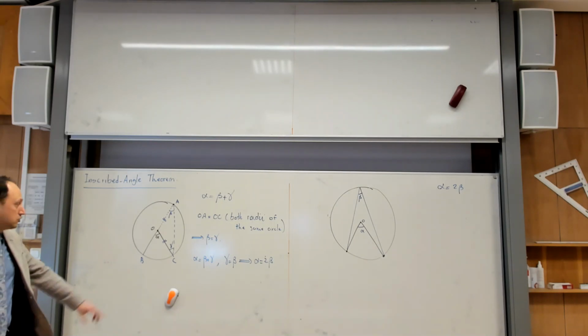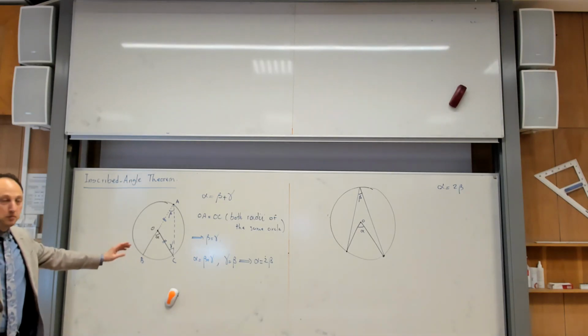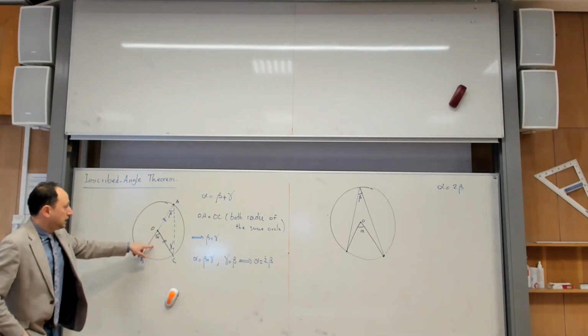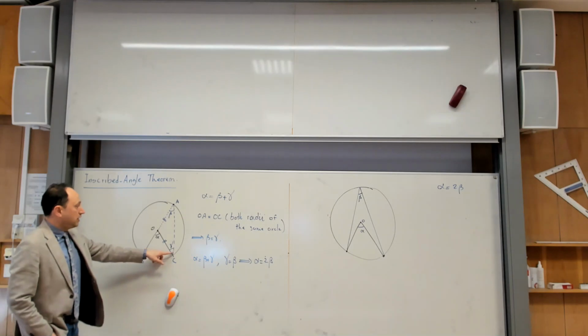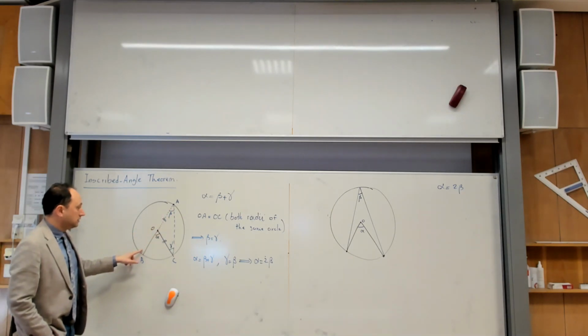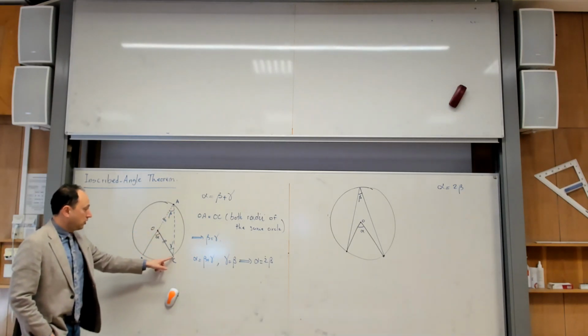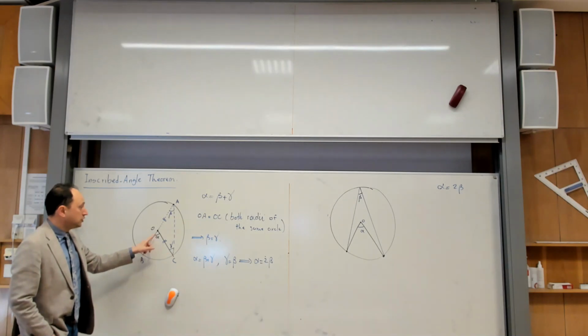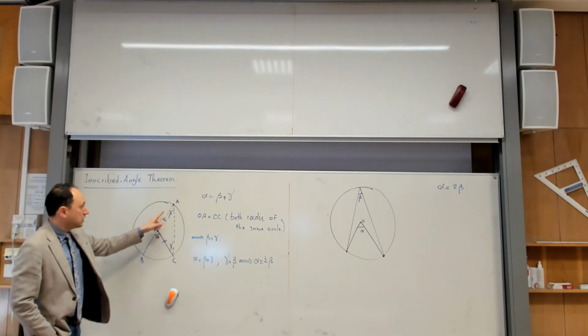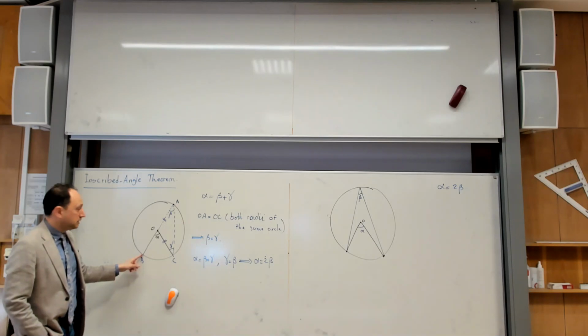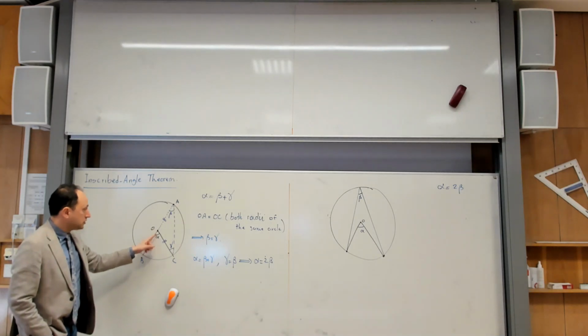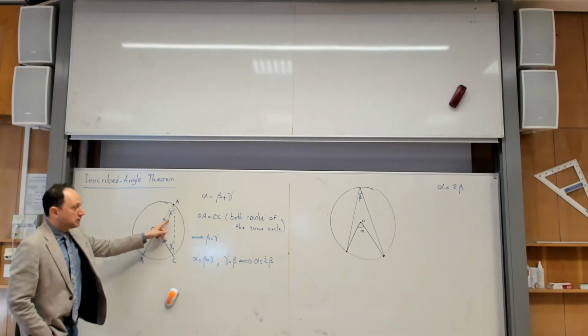The trick is to use the previous one. Remember, in the previous one, we learned that if I have an inscribed angle subtending the same arc as my central angle, provided that one side is a diameter, then alpha is 2 times beta. Yes, Oscar?